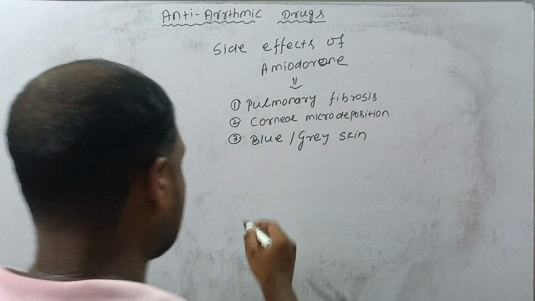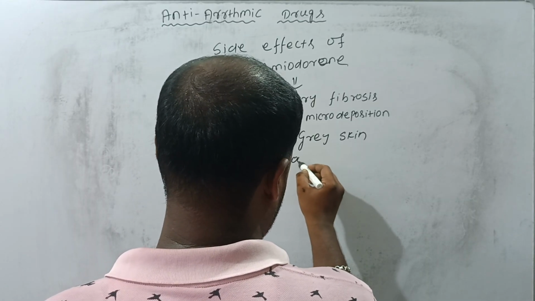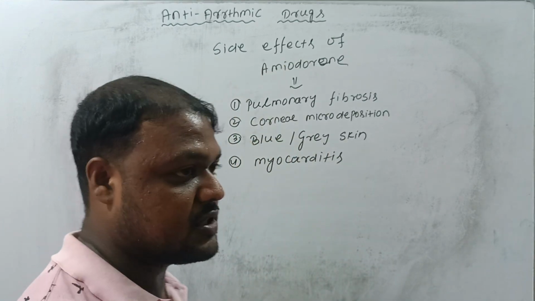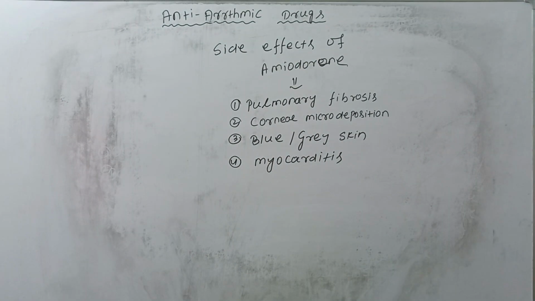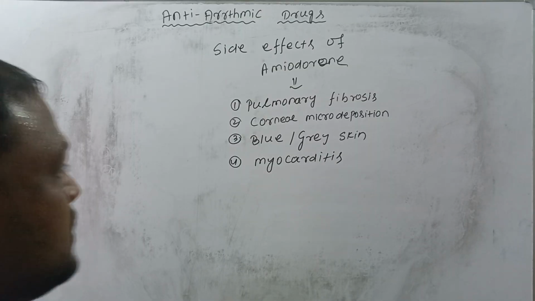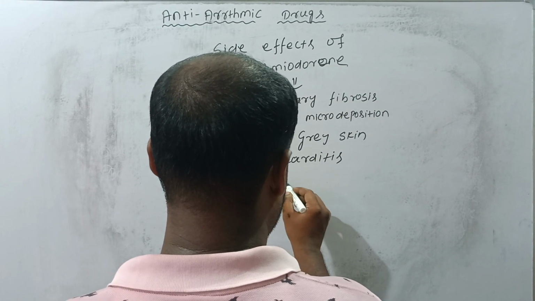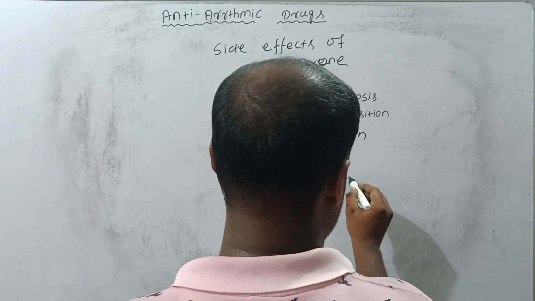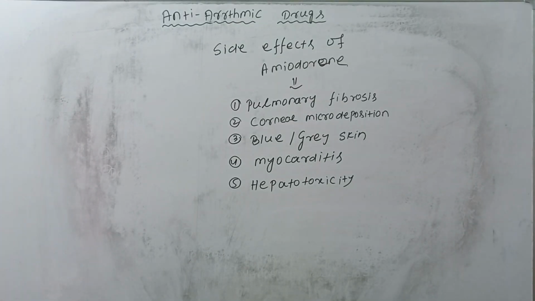Then the myocarditis. Myocarditis means infection and inflammation of the myocardium. Then hepatotoxicity. Hepato means the liver.